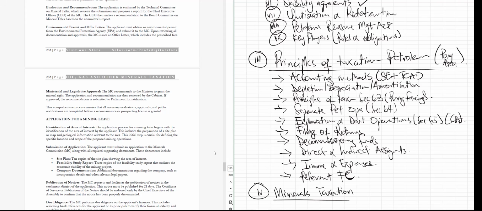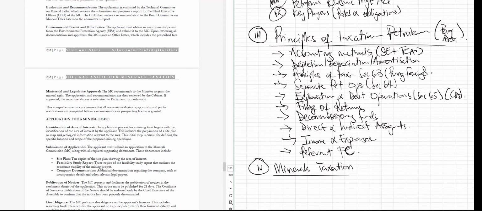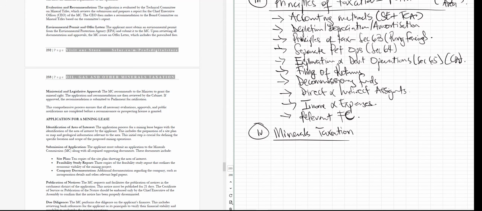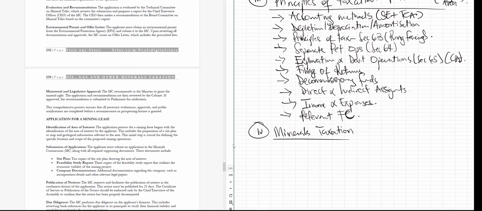Now, when it comes to minerals taxation, everything you see here is still there. But then you must understand the fiscal regime of minerals. The same way petroleum had a fiscal regime, minerals also has a fiscal regime, right? So you should know how minerals work in Ghana. The various licenses in Ghana, what are the kinds of licenses you can have under minerals? Yes, start mentioning them.